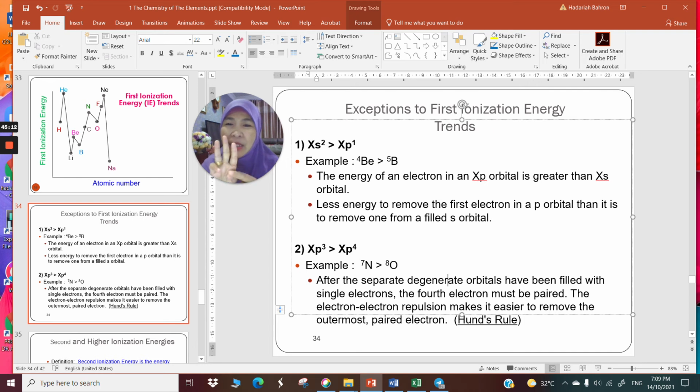Once they are all singly occupied, you start to pair up. The fourth one goes here. The fourth electron is paired. Electron repulsion makes it easier to remove an electron from the paired orbital because they repel one another. So when they repel one another, it's easier to remove that fourth p electron. That is in Hund's rule.